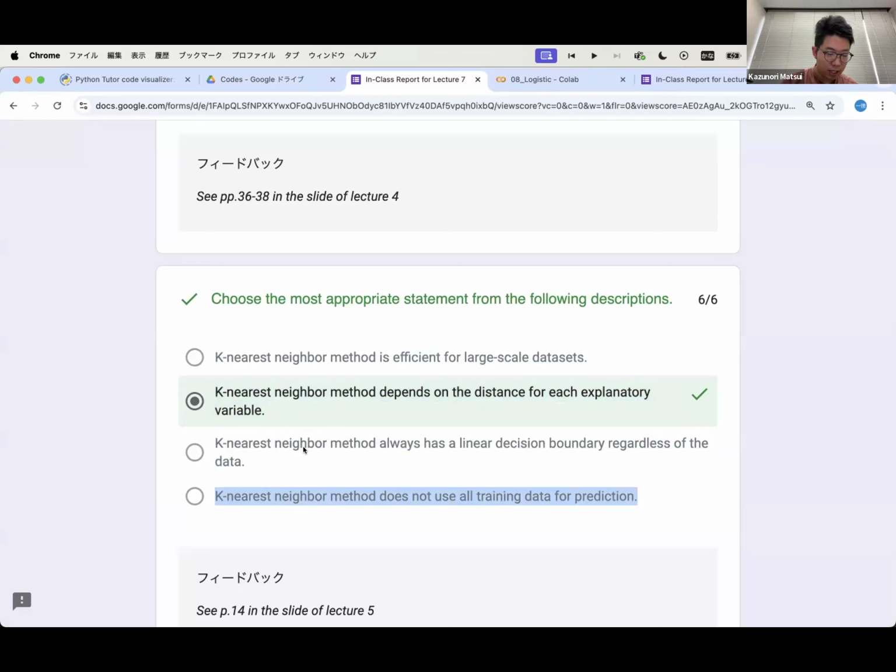It can classify nonlinear data as well, so the decision boundary is not necessarily linear. So the second choice is the correct answer.